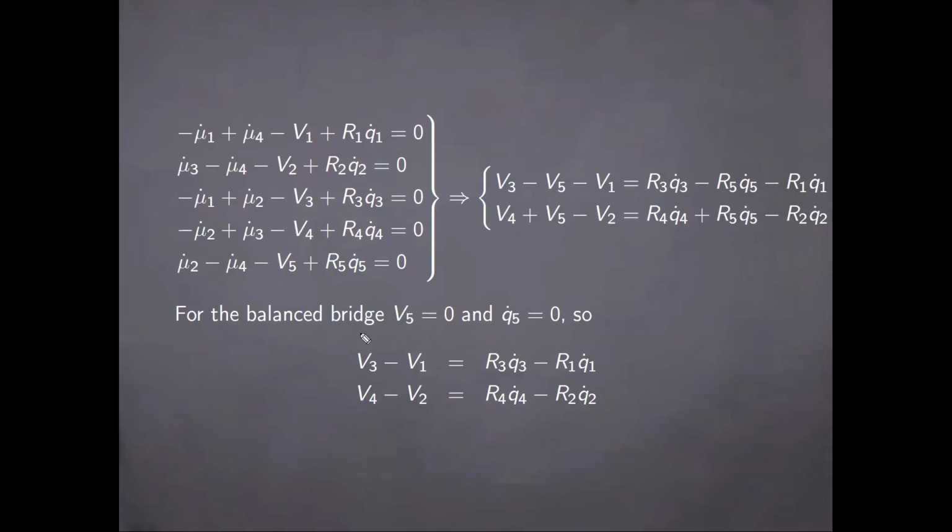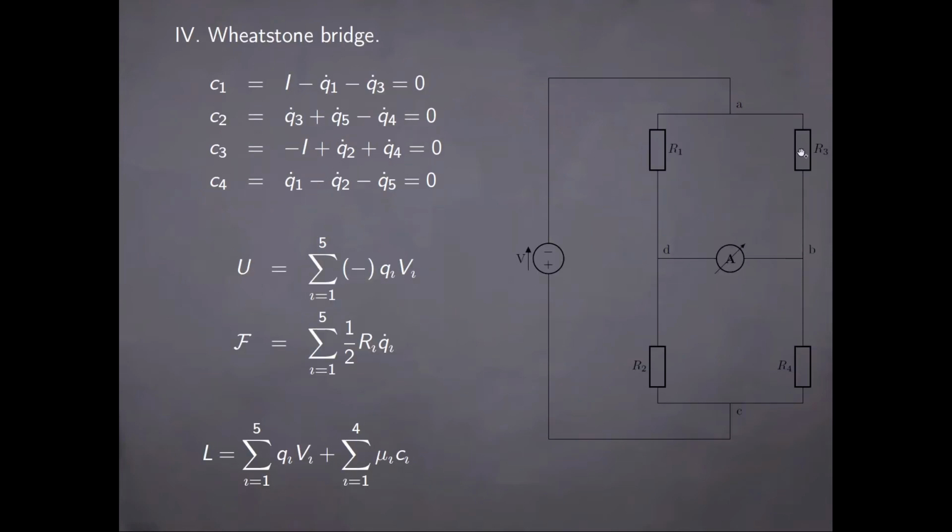Then in that case, the equations reduce to the result here, and of course, since these two must be equal, then of course the current going through the two, the current on a given branch between the two sides of the bridge must be the same, since there's no current through the bridge.